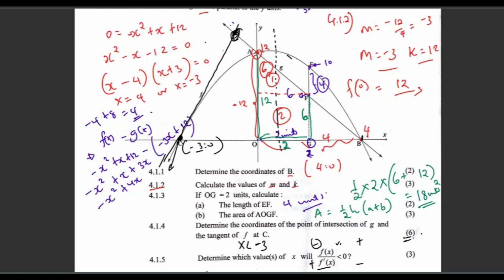This is -3, this is 4. When we add them and divide by 2, we get a half, no? Because that's going to be our axis of symmetry. -3 plus 4 divided by 2, that's a half. So I'm going to say a half is less than x is less than 4. So those will be my values for that particular part.